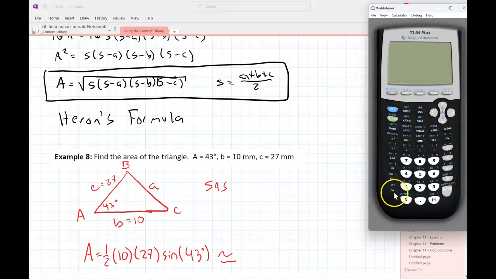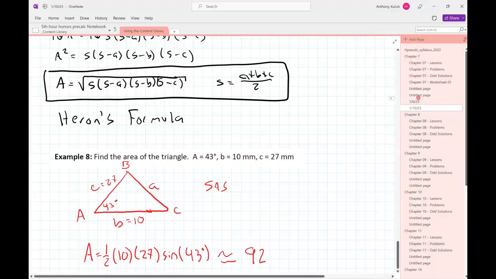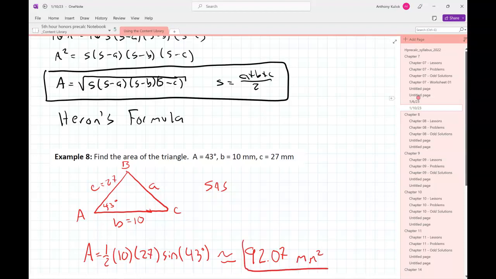Just going to plug into my calculator now. So I get 9207. Now the units on the B and C were millimeters. What should the unit here on our area be? Millimeters squared. Is Mr. Kulik going to be picky about that on the test?